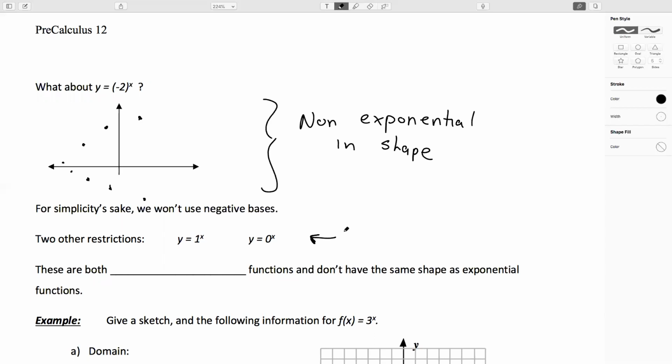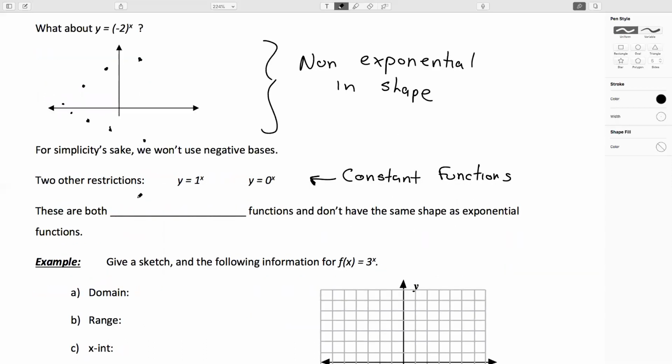It's always going to be 1 or always going to be 0, so these are constant functions. Technically, they're both linear functions, because they don't have the same shape as an exponential.